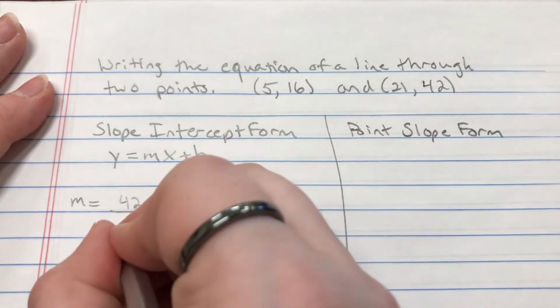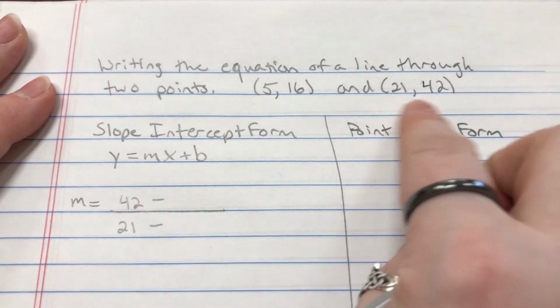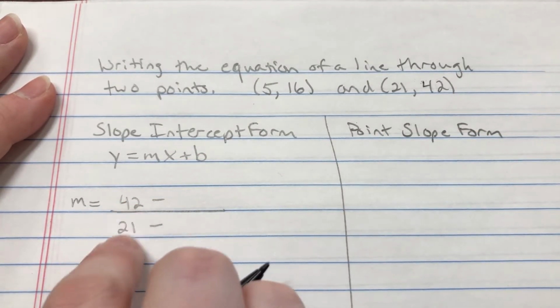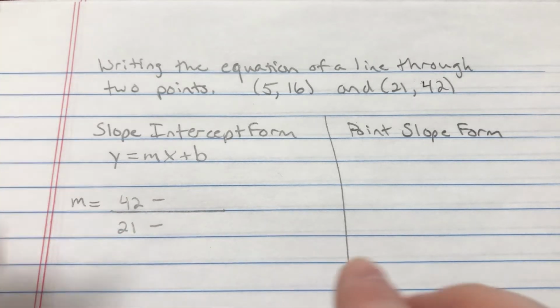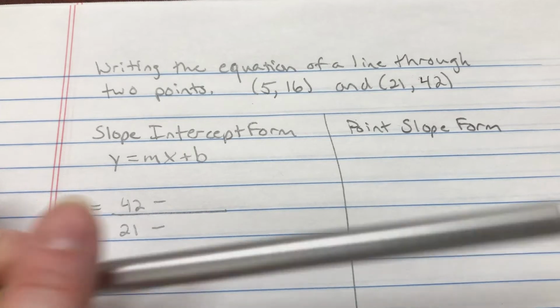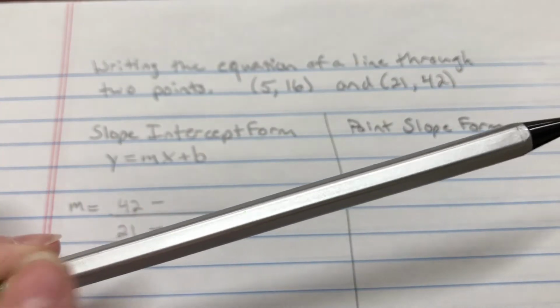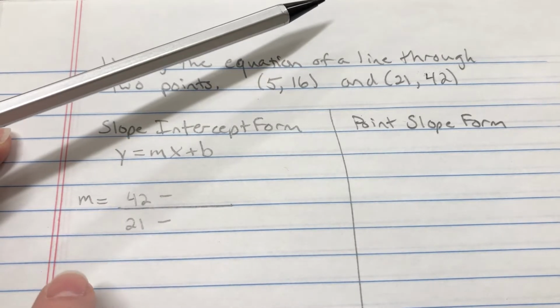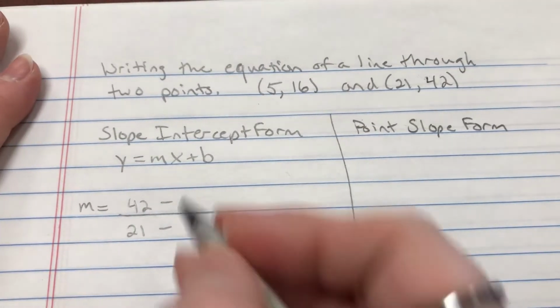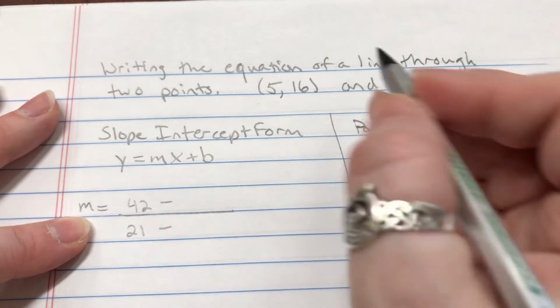That makes 21 the x-coordinate. Coordinates from the same point have to be above and below each other in the slope formula. And because we're looking at how the y is changing as x is changing along a line, that's why we're using subtraction. Because change looks at the difference between values, and difference in math is subtraction.